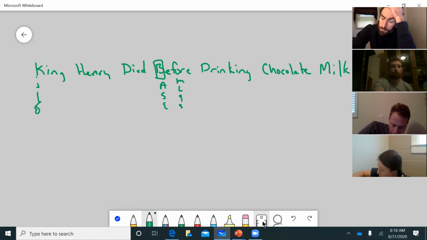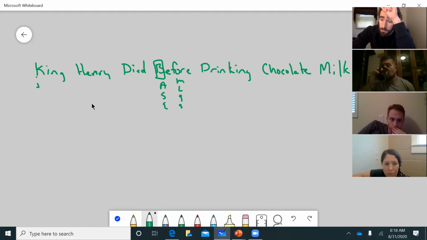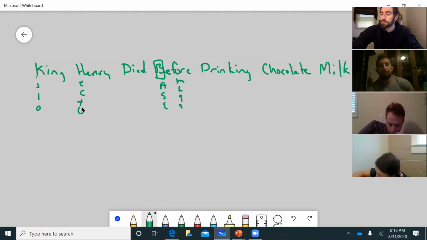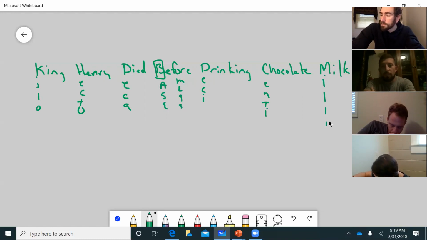Henry is hecto. Died is deca. We've got our base unit. Drinking is deci. Chocolate is centi. And milk is milli. The ones on the left here are the big units. The ones on the right are the smaller units.